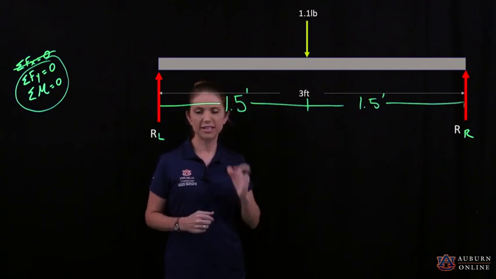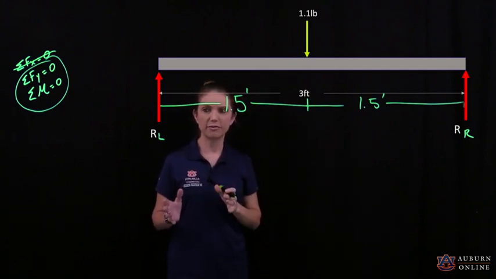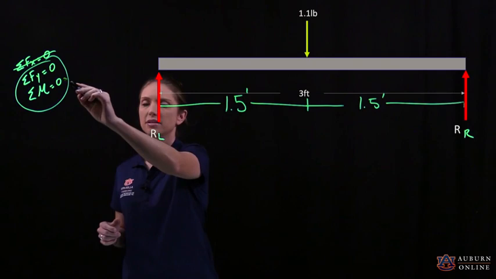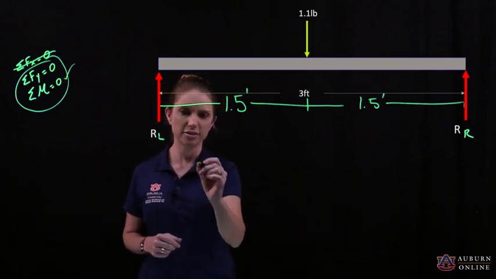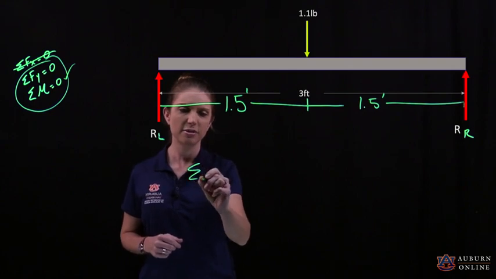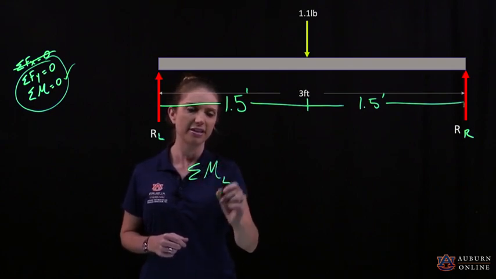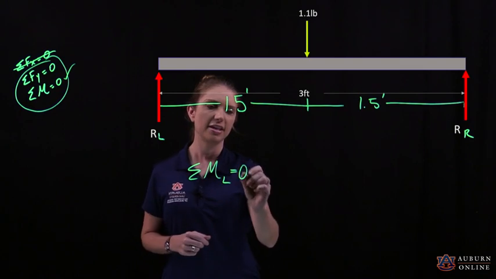So 9 times out of 10 when we deal with beams, we'll start with that sum of the moment equations, take the moment about one end of the beam or the other. So here let's start with the left side. So summing the moments about the left-hand side of the beam and set that equal to 0.